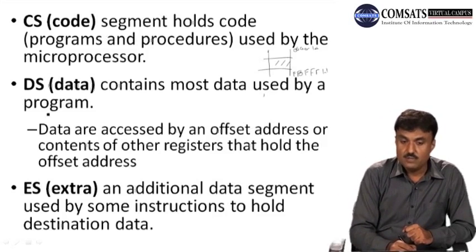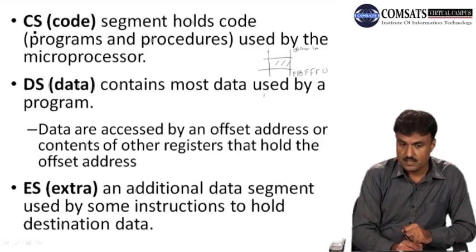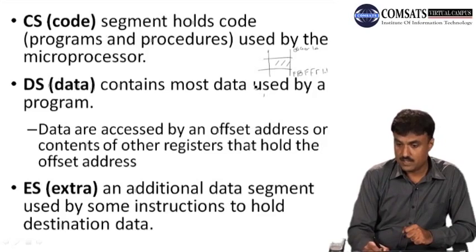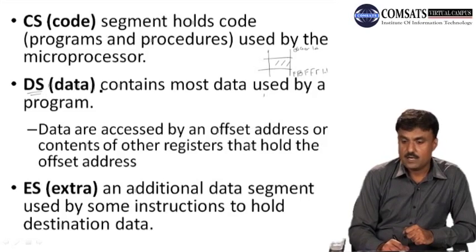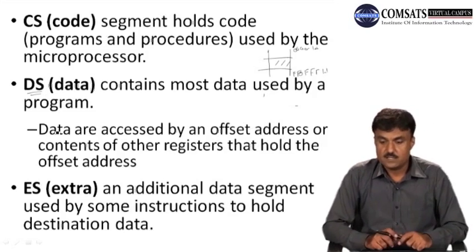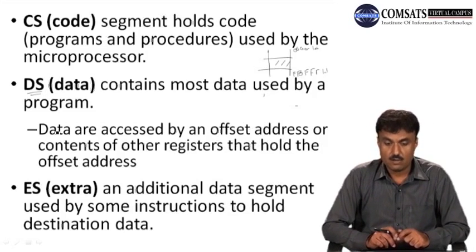Similarly, we will use some indexes alongside this segment register to access the code segment area. Similarly, there is the data segment register. It contains most of the data used by the program. Data are accessed by an offset address or contents of other registers that hold the offset address.